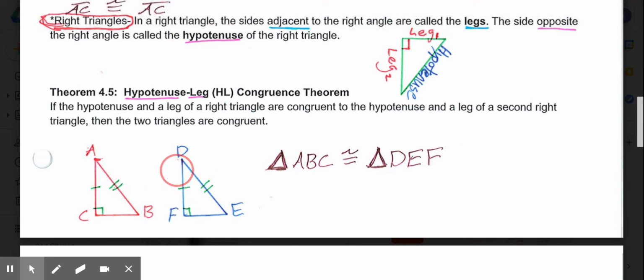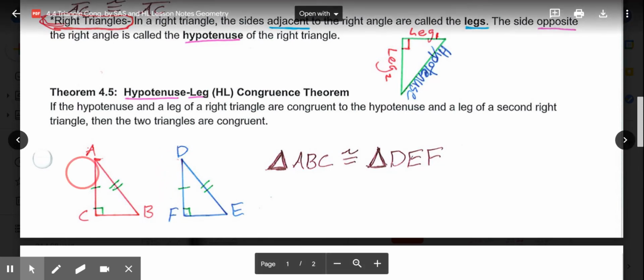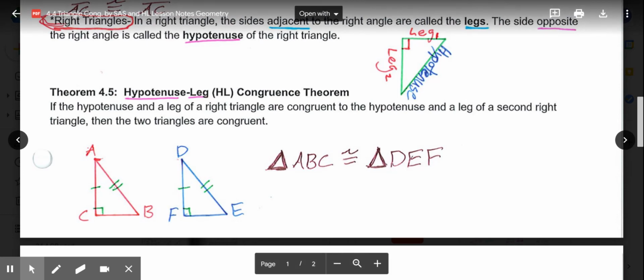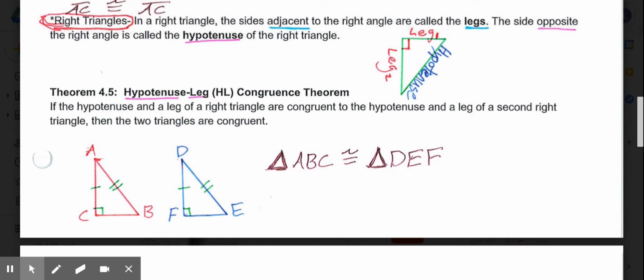Then side DF is one of my legs, and side AC is a leg. Those are congruent to each other. So we have a hypotenuse and a leg that are congruent, so those two triangles are congruent. Then we match up corresponding vertices: A with D, B with E, C with F. So triangle ABC is congruent to triangle DEF.